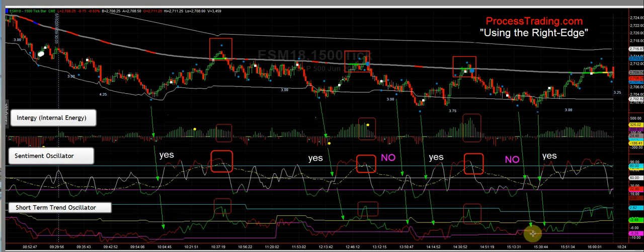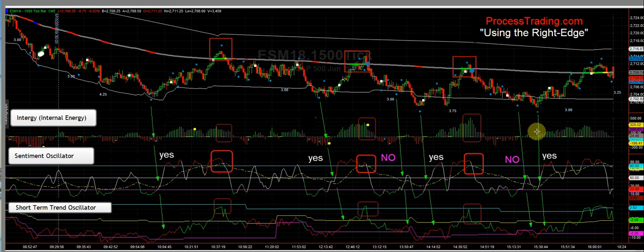Then we look to our short-term trend oscillator, and it, in fact, helps reinforce the story that, no, the trend is going down. So even though there was a little bit of momentum that bumped up through it, this is not a trade that you would get involved in for a contrarian trade.